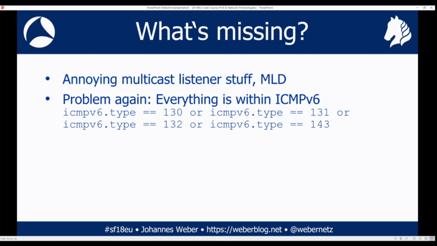And these multicast listener discovery messages are related to routers, because every client, every IPv6 node sends a couple of these messages to the network saying, hey, I'm listening to this multicast address, and I'm listening to this multicast address, and by the way, I'm listening to this multicast address again. However, these messages are not needed at all, because your router is not interested in your local layer. The router is not interested in listening to multicast addresses for you, because the address resolution takes place only on the local link.